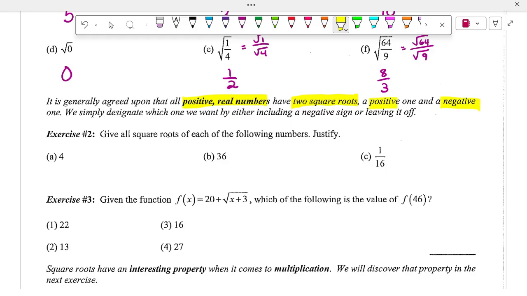Think about it this way. Is it true that 3 squared is equal to negative 3 squared? Yeah. 3 times 3 is 9. Negative 3 times negative 3 is 9. So technically, every perfect square has two answers. We just default to the positive one.